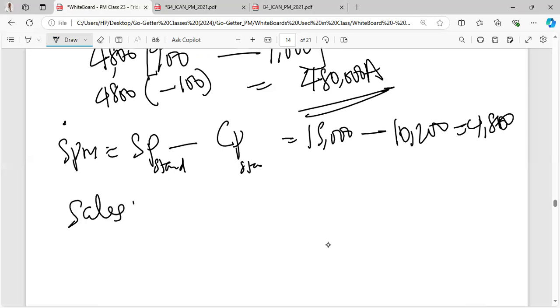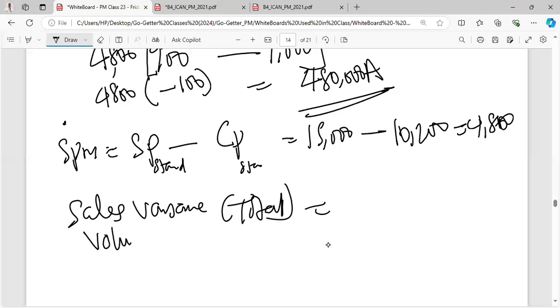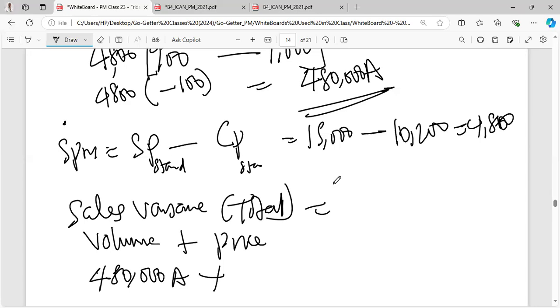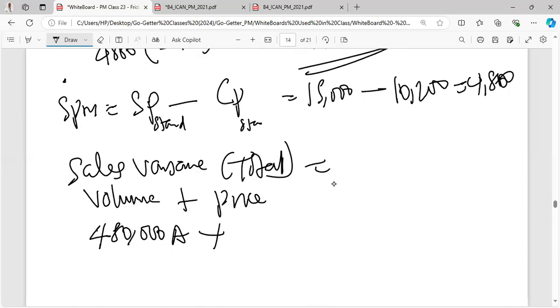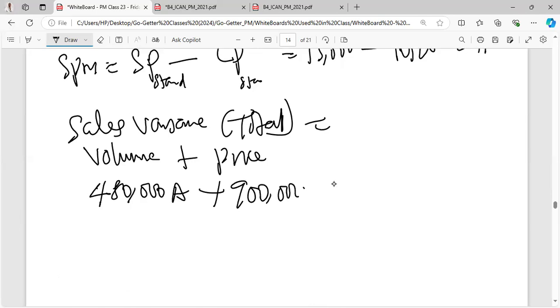sales variance total is going to give us volume plus price. Volume variance is 480,000 adverse. The price is 900,000 adverse. So the total will give you 1,380,000 adverse.